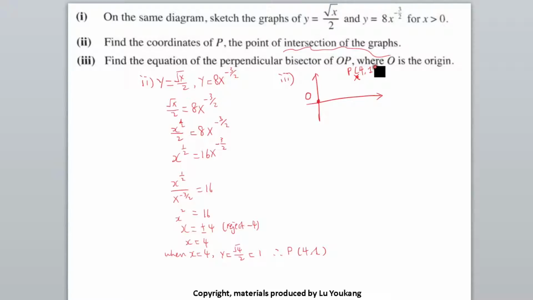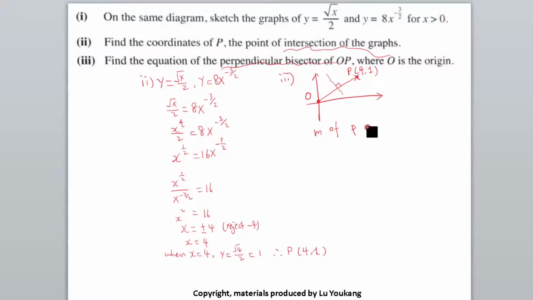Don't try to put things in your head. Try to put it down on the paper. So I have sketched it out, the line of OP, and I have also labeled the coordinates. We are asked to find the equation of the perpendicular bisector of OP, so I have also drawn the perpendicular bisector of OP.